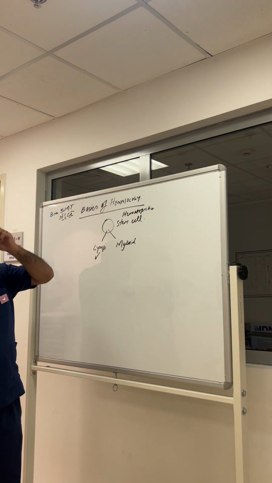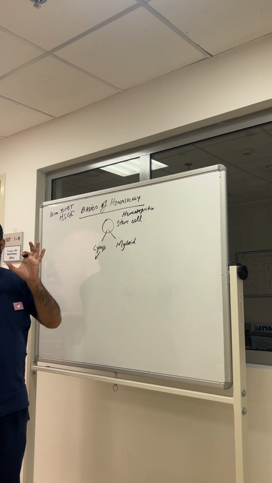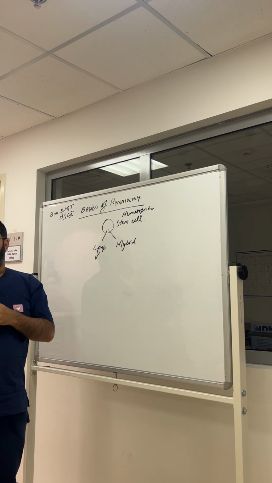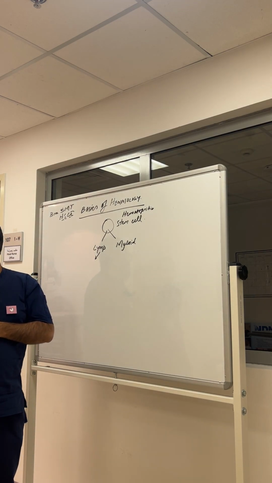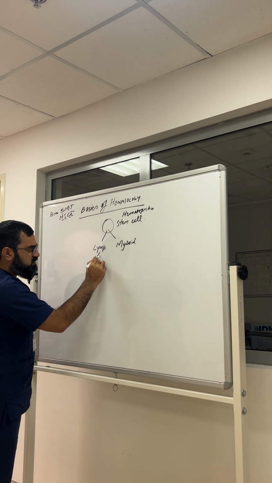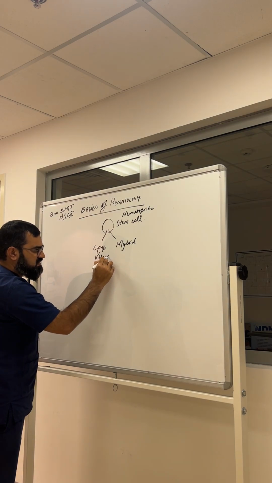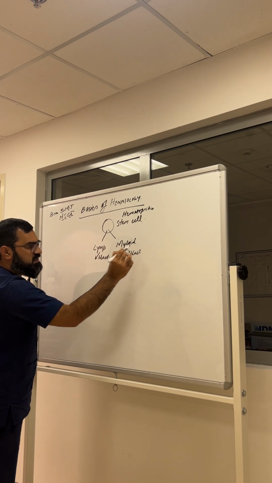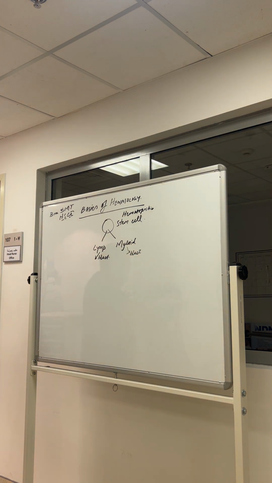So the early forms of the cells are called blasts. Yani, a blast is the immature form of a cell. So the lymphoblast is the initial cell. Myeloblast is the initial cell, but it does not come in your peripheral blood. If you check someone's peripheral blood, there will be no blasts.